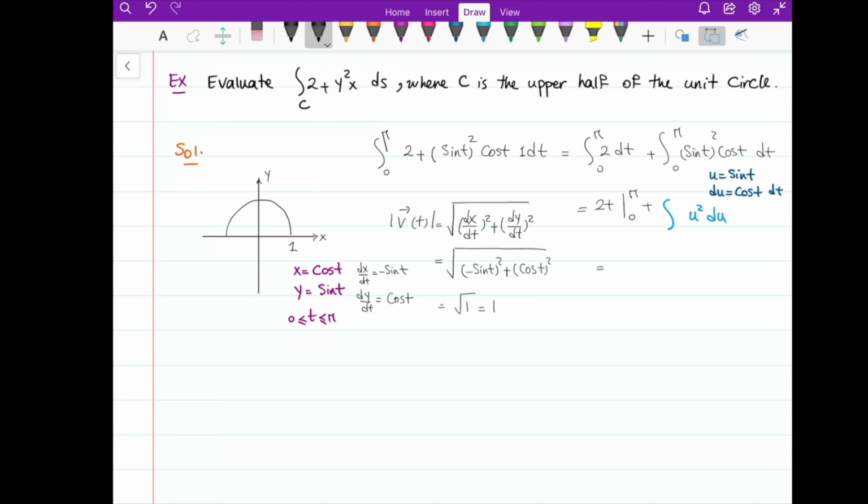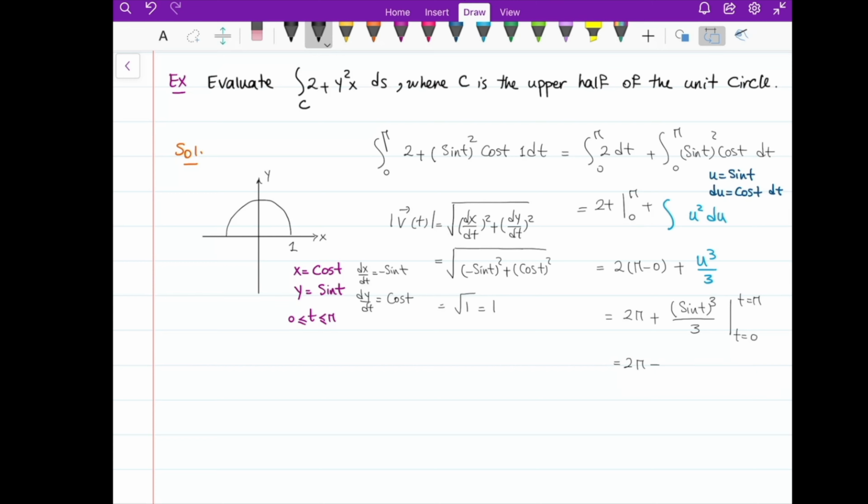So the first one would be 2 pi minus 0. And for this one, I have u cubed over 3. So this is 2 pi plus, where u is sine t, sine t cubed over 3. Now let's write the bounds from 0 to pi.